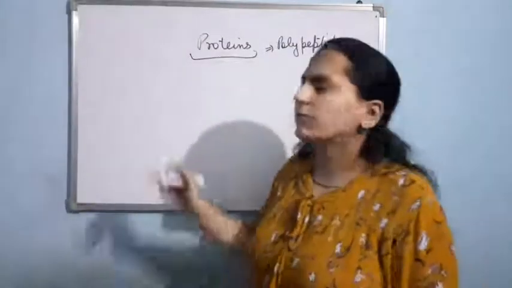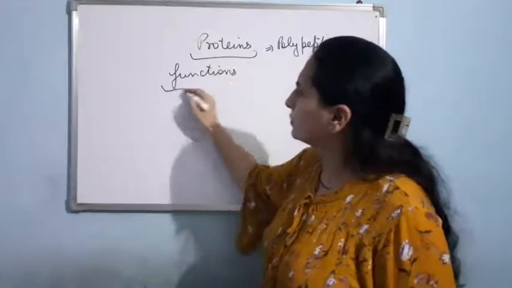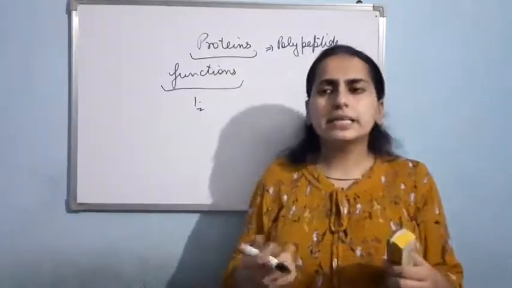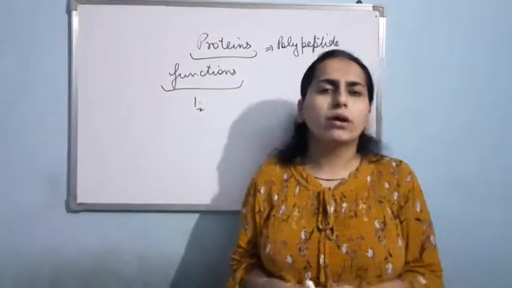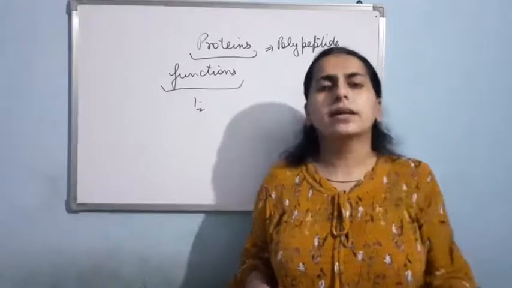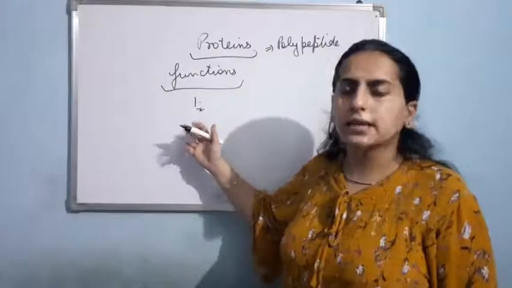Now if I talk about the different structures of protein, first of all let me talk about the functions of protein. You are very well aware of the different functions of protein. First function that you know, it is the structural component of our body. Our nails are made up of protein, keratin protein. Our hair is made up of protein, keratin protein. Clear? So structural proteins are there.